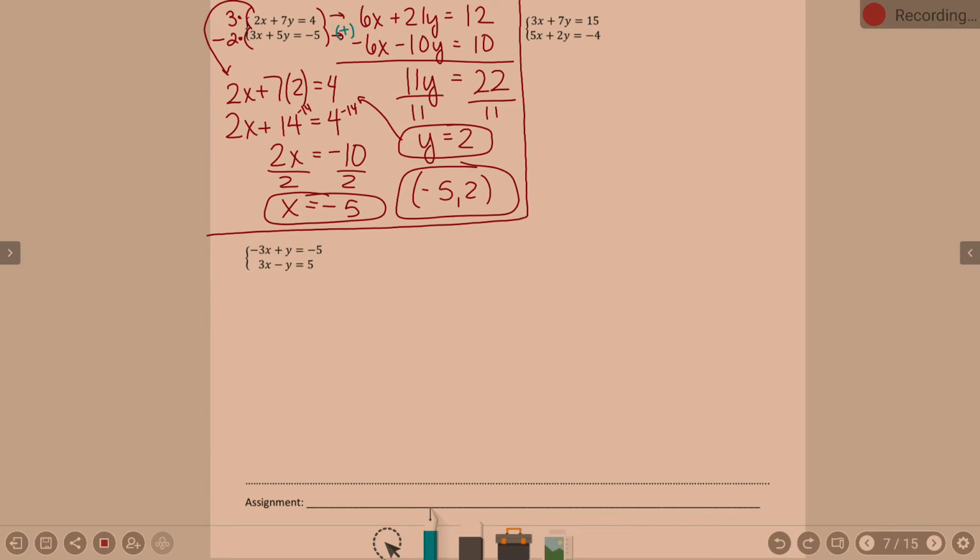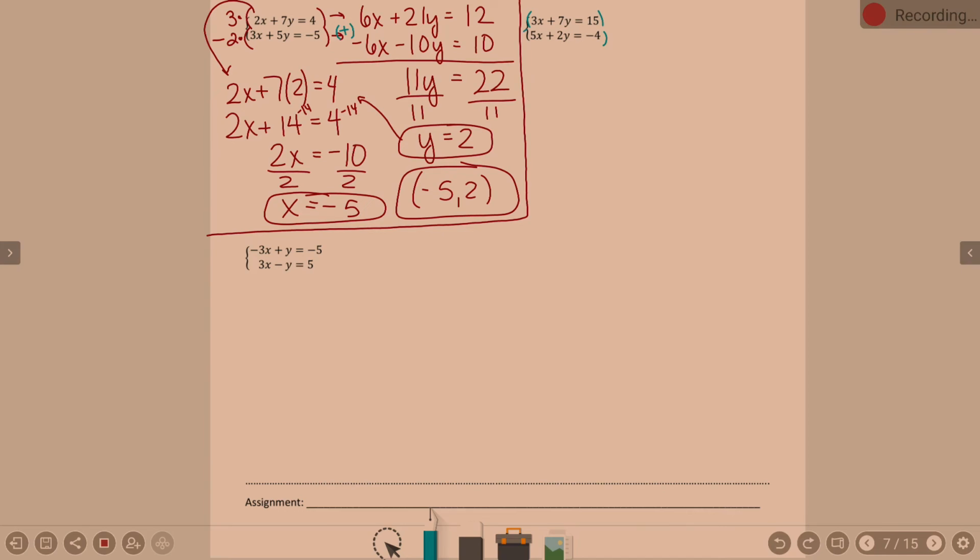If you're not a fan of the y's, you could do the x's and make them both 15x's, right? They both work out, okay? I think I had planned to, because we eliminated the x's last time, eliminate y's this time. Honestly, it doesn't matter. 14x or 15x and 14y's are very similar, aren't they? Neither of them are huge numbers.